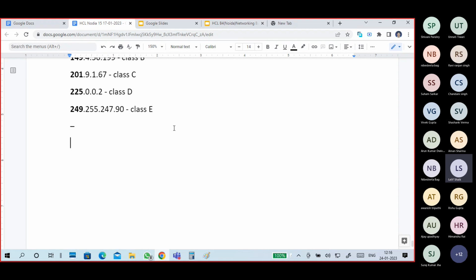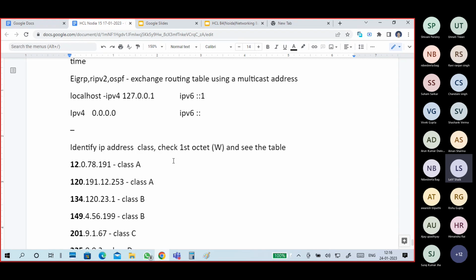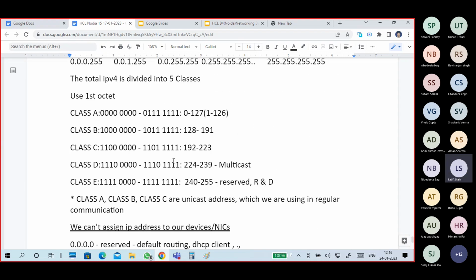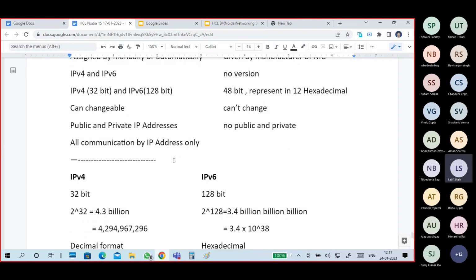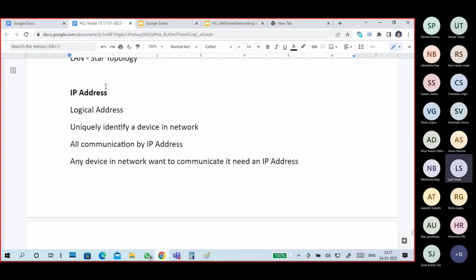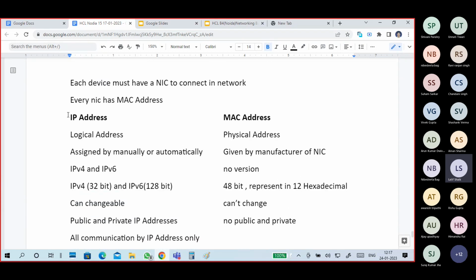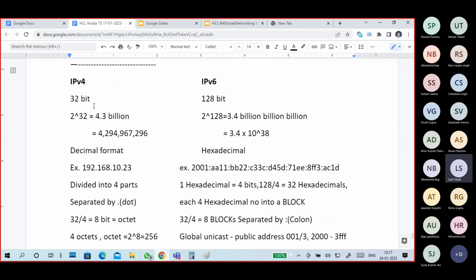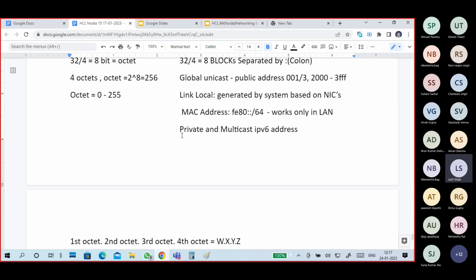Today we spent all the time only on IP addresses, but if you understand, that is important. Once again, guys, what is an IP address? Second is the difference between an IP address and a MAC address. Then the difference between IPv4 and IPv6. How much you can tell about it, that much you tell.